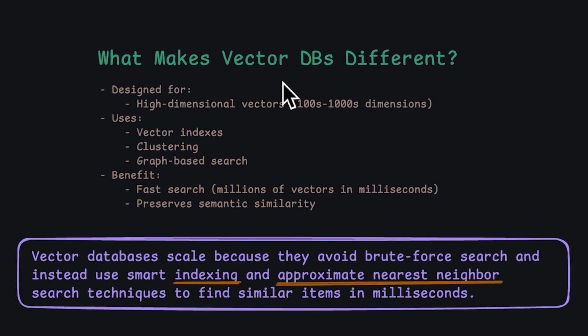Okay, now let's try to take this one step deeper and understand what makes vector databases so different from traditional databases, right? So vector databases are designed to store high dimensional vectors, even thousands of dimensions you can store inside vector databases, right? We'll understand what are vectors later in this course.